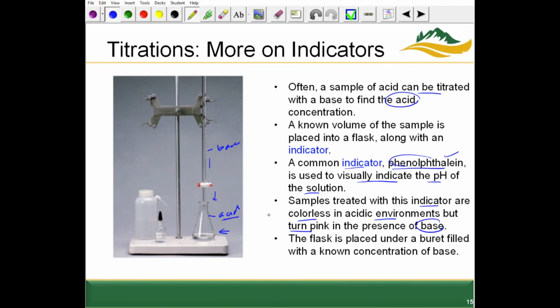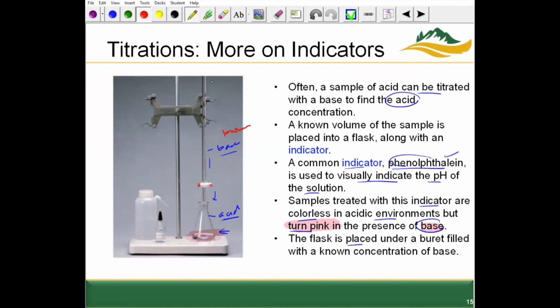So as the acid starts to neutralize with this base, it'll turn from clear to then a pink color. So the pink color helps us visualize then that this is turning into a neutral and then eventually a slightly basic solution. And this flask is placed under a burette filled with the known concentration of base.